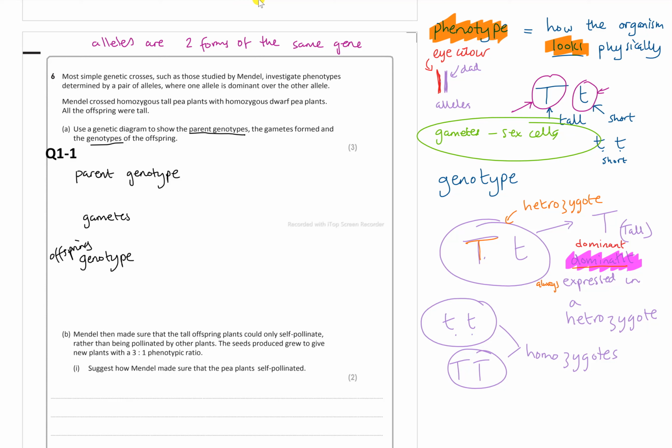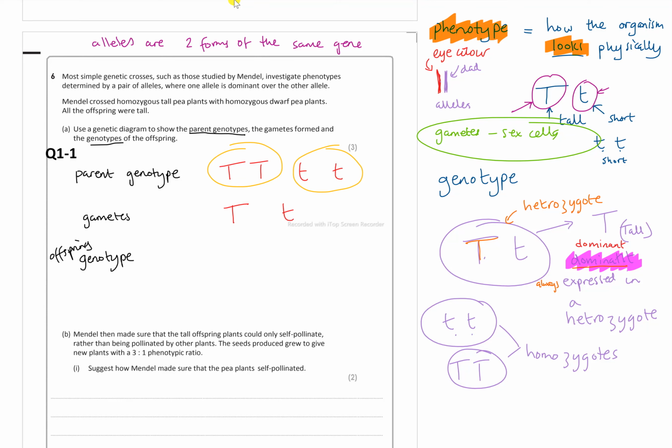Right, parent genotype. The parents had big T, small t, small t. The two gametes that we've got are a big T and a small t. So remember, this has come from mom, that's come from dad.